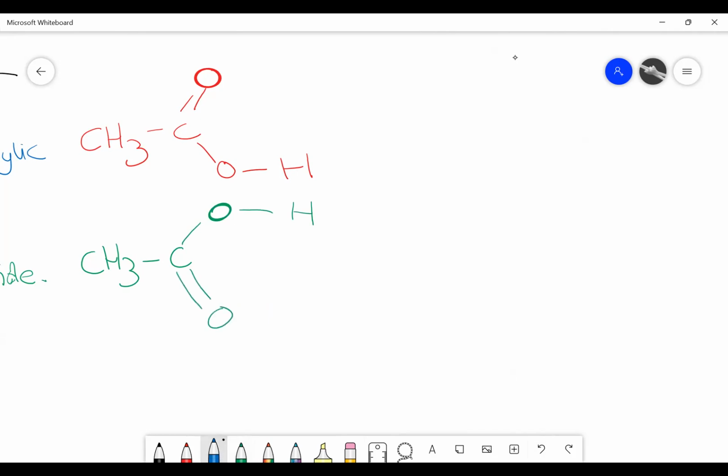So what will happen is these will react together to form water because it is a condensation reaction. And we will get ethanoic anhydride, which will look something like this. We have our CH3 at the end.